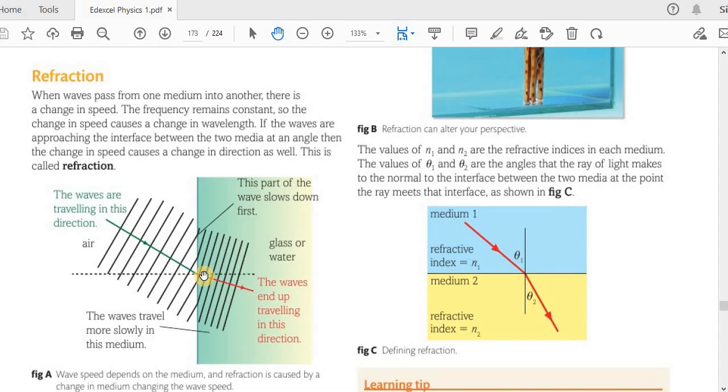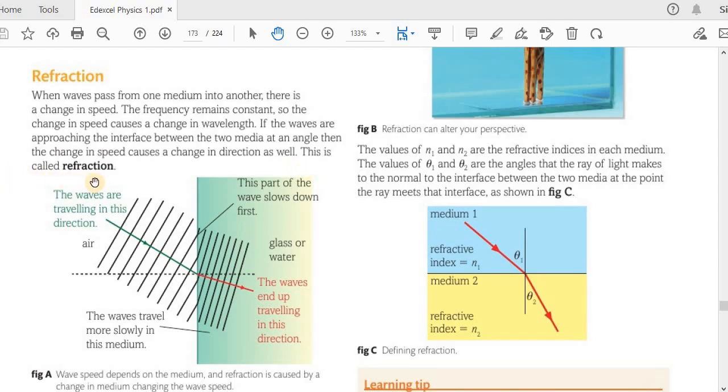The plural of medium is mediums or media, but actually the correct word is media, but to avoid confusion, in the past papers they say mediums. If the waves are approaching the interface between the two media at an angle, so it's not striking it head on, not coming at 90 degrees to this surface, then the change in speed causes a change in direction as well.